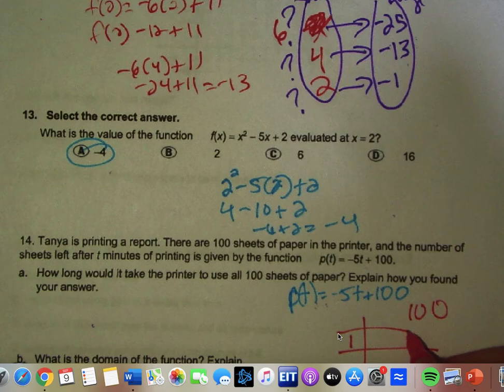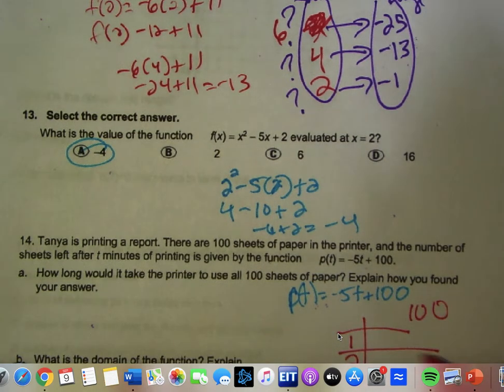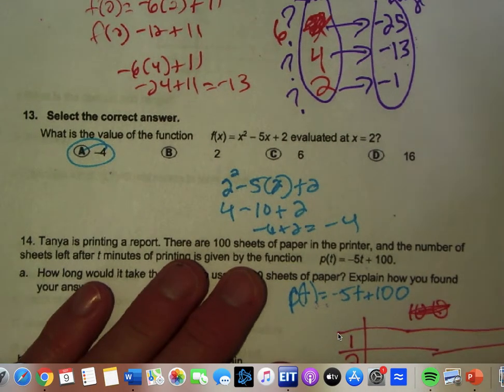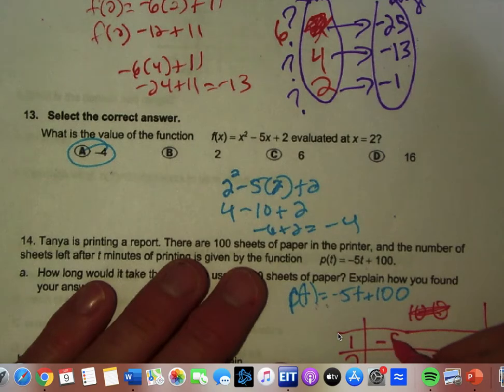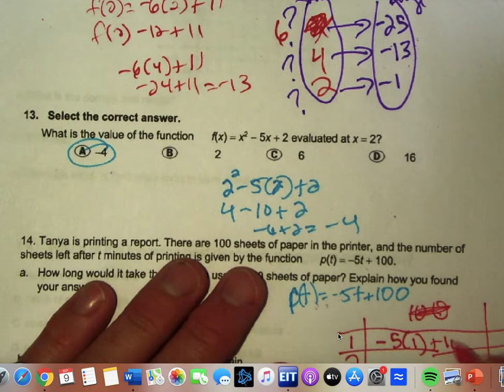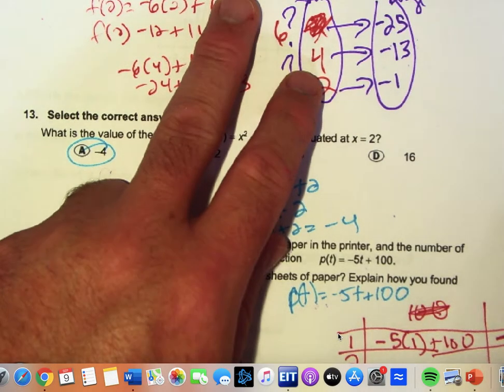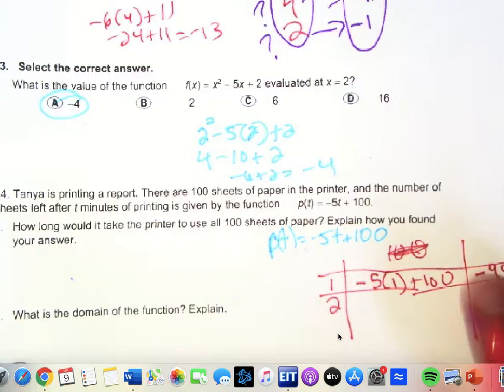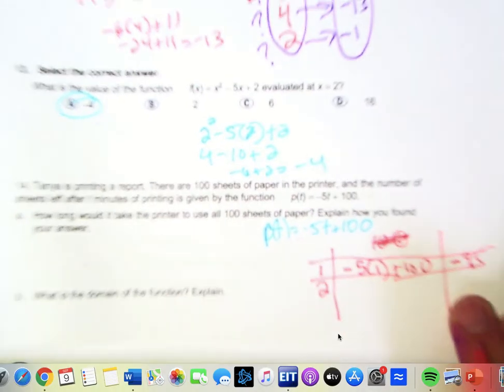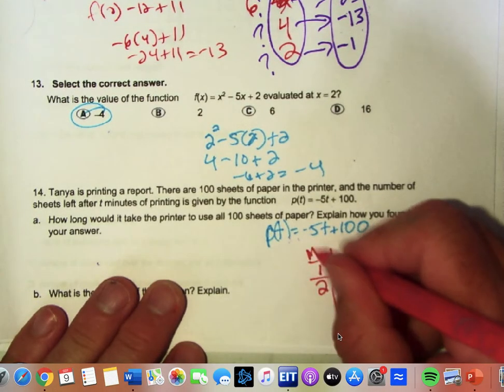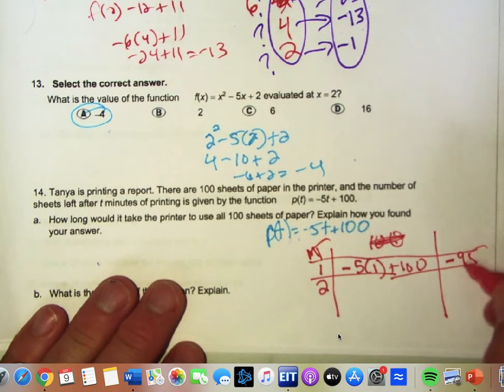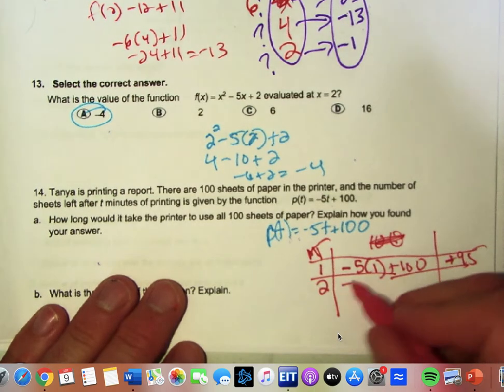Okay, so what if I put 1 into this function? Well, it would be -5 times 1 plus 100. So that would be... sorry, not -95, positive. So after 1 minute, we get 95 pages left.